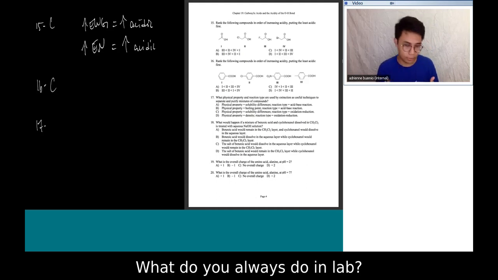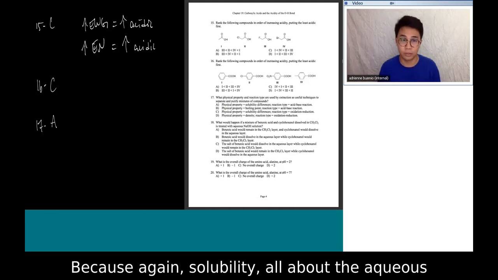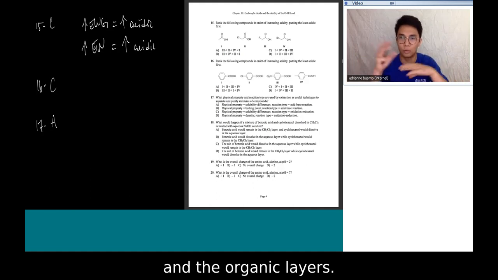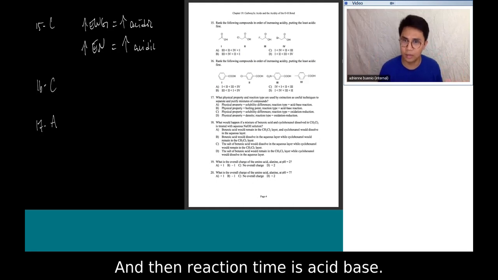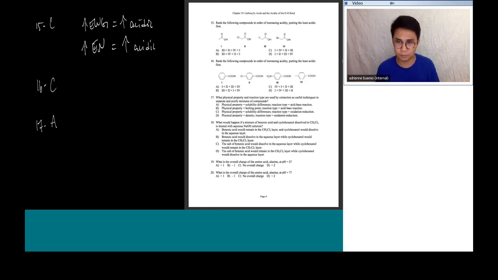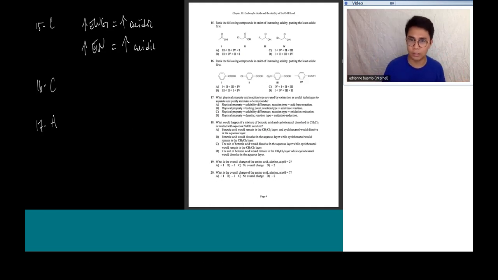What do you always do in lab, right? So you guys should get A, right? Solubility for sure, because it's all about the aqueous and the organic layers, right? So that's solubility differences. And then reaction type is acid base, right? So nothing's getting redox or anything like that.